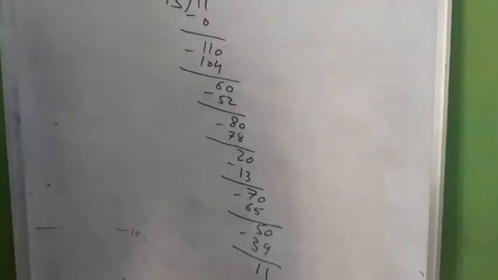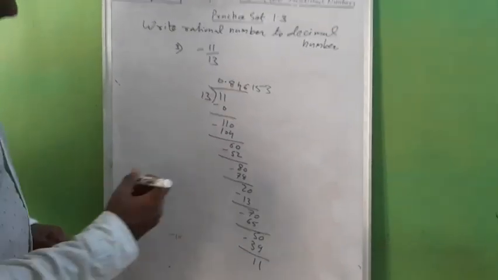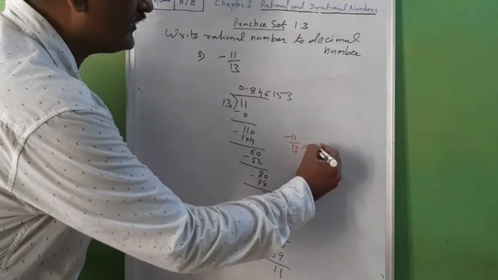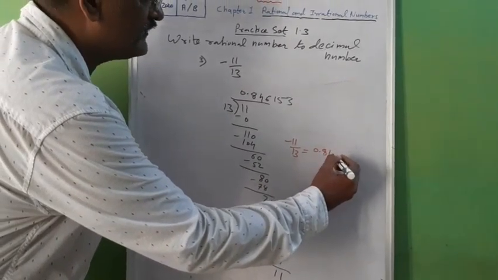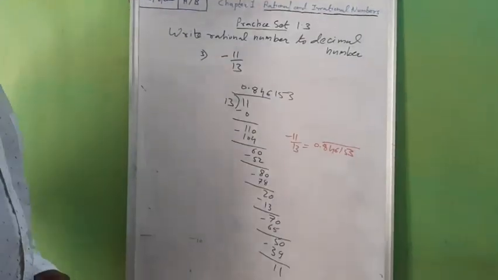Here I get the answer 11. Again that is repeating, and as you did in the last sum, your answer will be 11 upon 13 is nothing but 0.846153, a recurring decimal form.